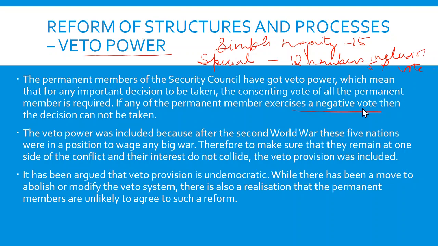That on any substantial issue, the five big powers who have the capability to start a world war would remain on one side of the conflict. And that way, possibly the Third World War can be prevented. This was the logic of including the veto provision in the United Nations. Okay, now it's being said that this veto provision is very undemocratic in nature and that is why it should be abolished.